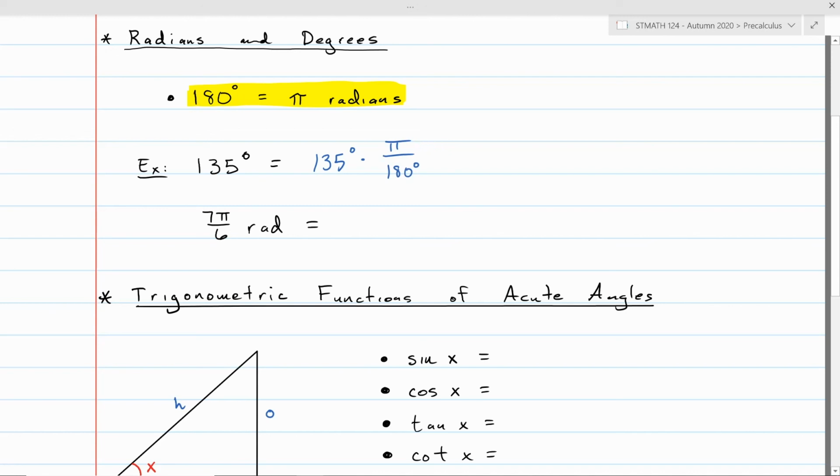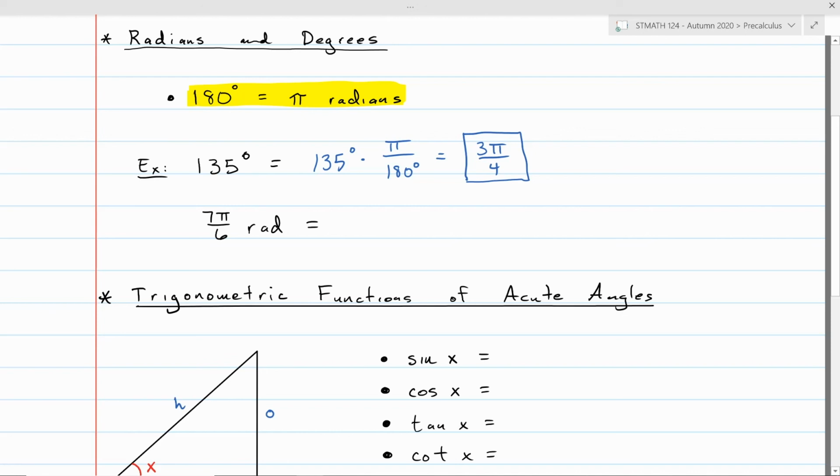When I multiply by pi over 180, I'm really multiplying by 1 because pi radians and 180 degrees are equal to one another. When you simplify the fraction 135 over 180, it comes out to 3/4. So this is 3 pi over 4 radians. But like I said, we usually don't write radians. But if someone wrote radians, you know what they're talking about.